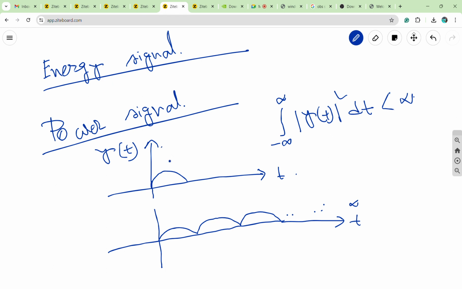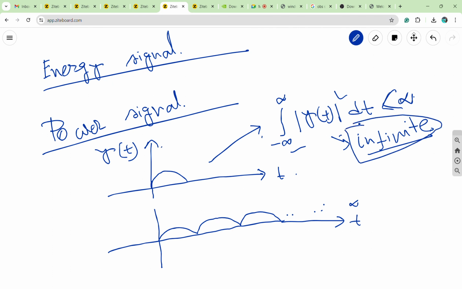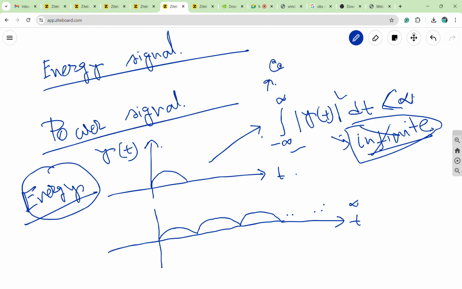If we take this particular signal, it is bounded, so we can say that the energy is not infinite. We cannot say this for the other signal. That's why we can say this particular signal has a particular energy. The main point is that this should be bounded or converge to some particular value.